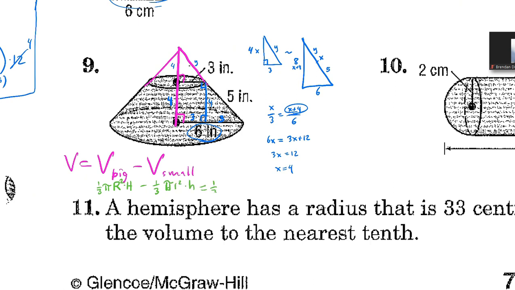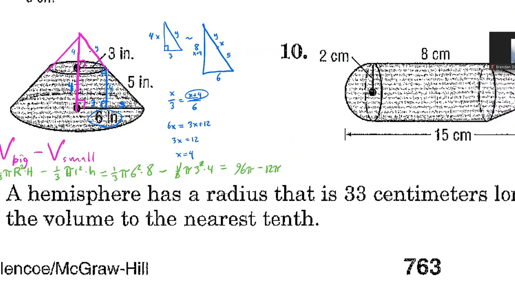So that's 1/3 pi 6 squared times 8 is the big height, minus 1/3 pi, and then the small radius, 3 squared, times small height, 4. Okay, so that equals, I'm just going to multiply it on the calculator. So 6 times 8 divided by 3. So that's 96 pi is the big one, minus, and the 1/3, one of the 3's cancels. So we get minus 12 pi. So 96 minus 12 is 84 pi.